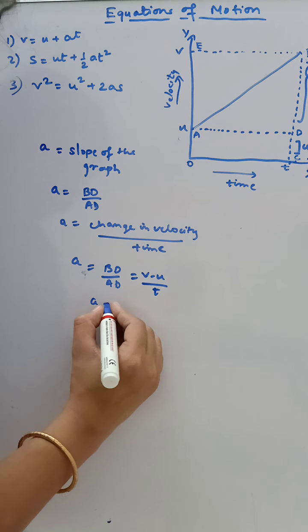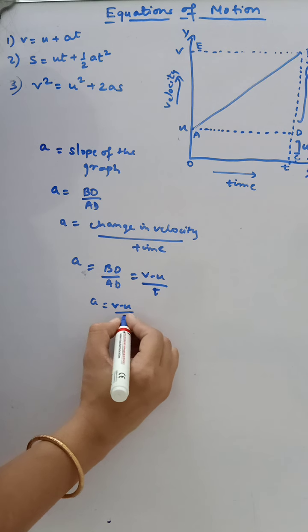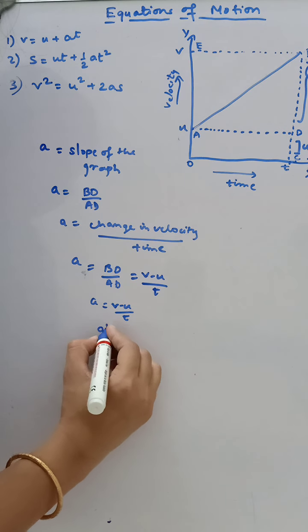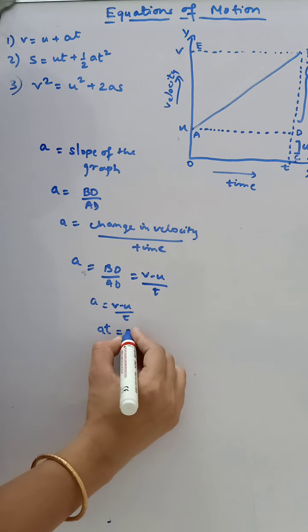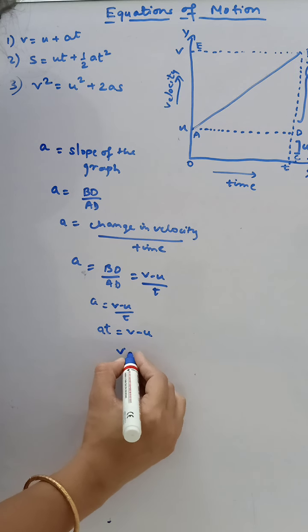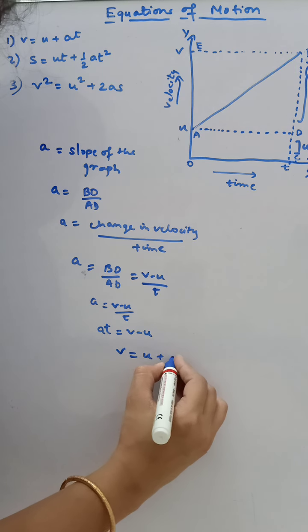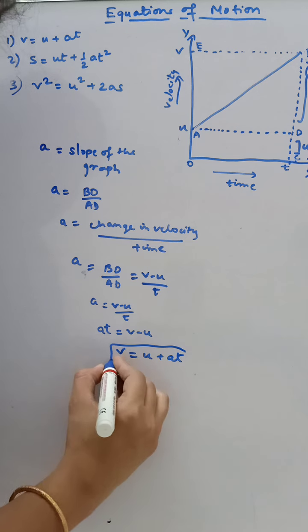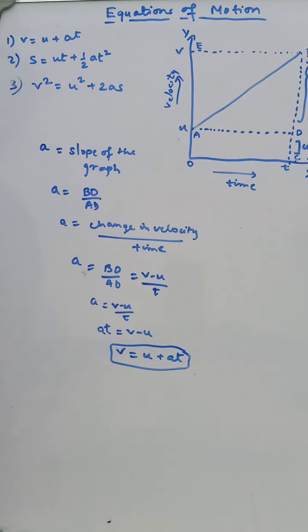So a = (v - u)/t. If we bring at together, we have v minus u. At the end, we have v = u + at. So this is the first equation of motion.